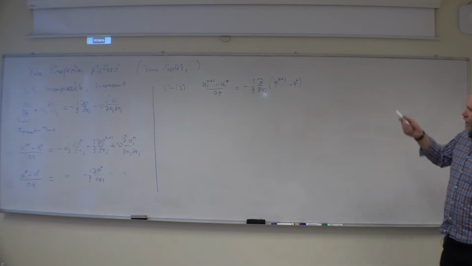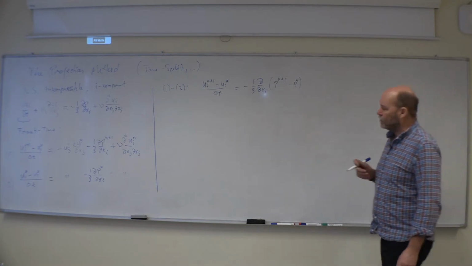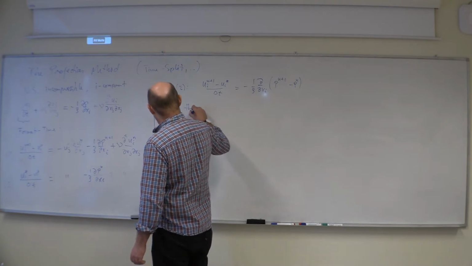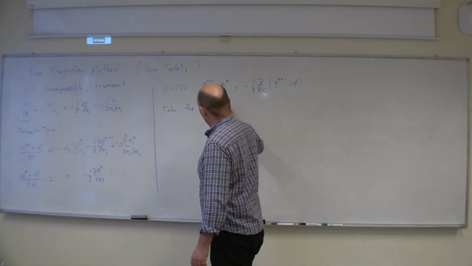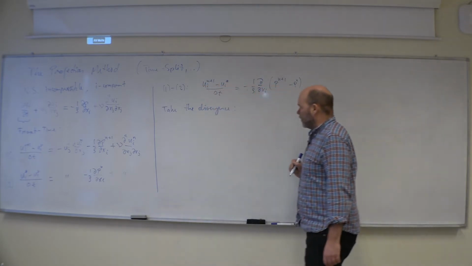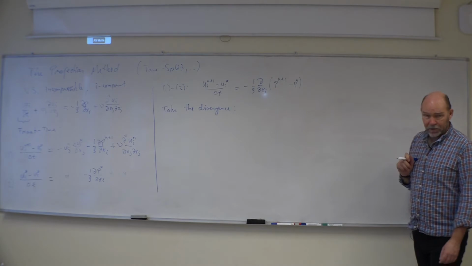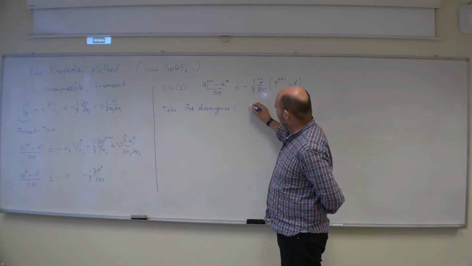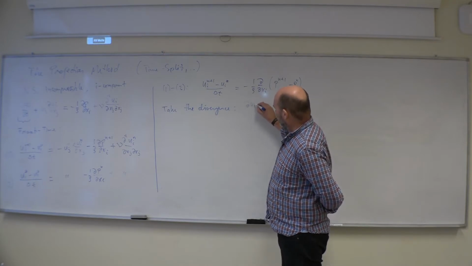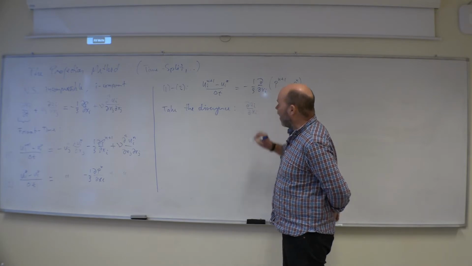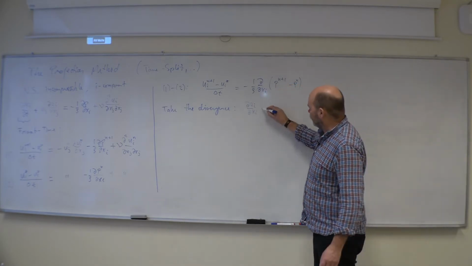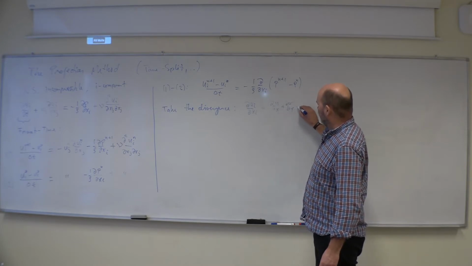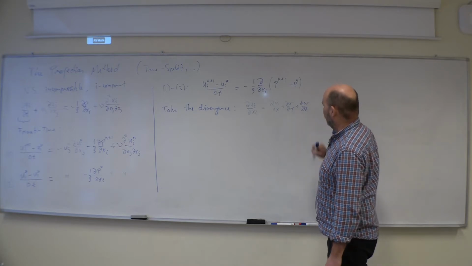Now we do the trick. Take the divergence of the entire equation. The divergence, how did we write that one? Well, you can write it like this. The divergence for the velocity, you write it like this, dui dxi. That is equal to du dx plus dv dy plus dw dz.